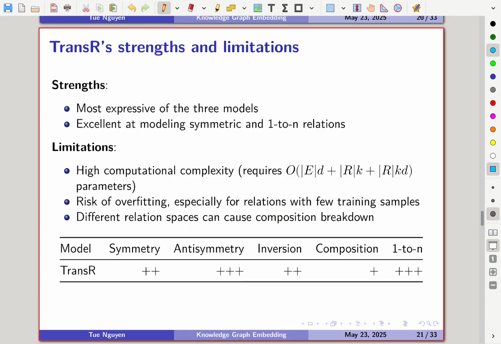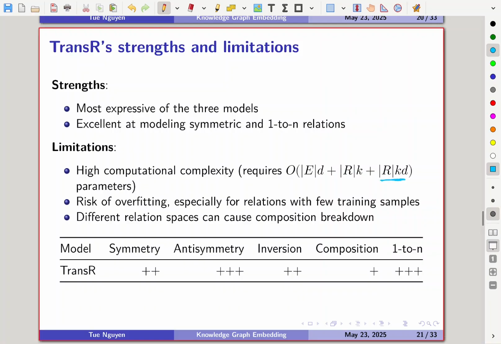Again, about the strengths and limitations of TransR. The first strength is that it is the most expressive model out of the three we consider so far, and it's excellent in modeling symmetric and one-to-N relations. However, it has several limitations. The first one is that it's computationally expensive.